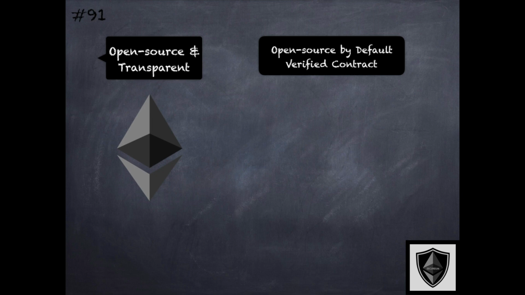Now, in the context of smart contracts, the contracts are again expected to be open sourced. They're also expected to be verified contracts. In this case, it means that the bytecode of the contracts deployed on the blockchain is expected to be source code verified using one of the services that provides this, such as Etherscan.